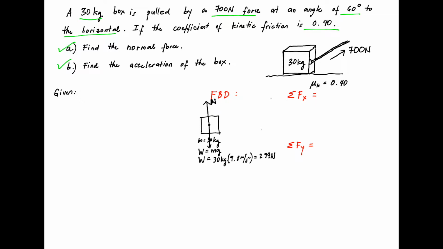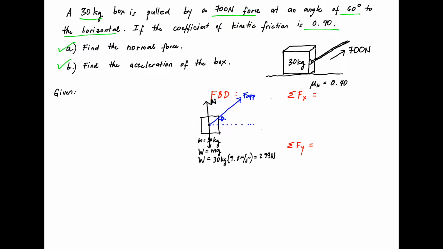We also have the other component, which is the normal force. We also have another component, which is the F up. Let's look at the orientation of the F up. We have the angle.